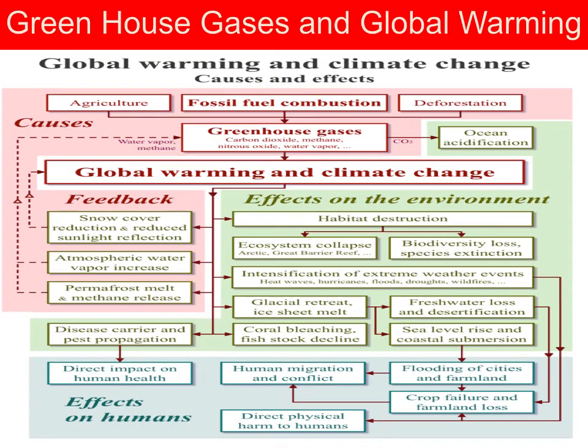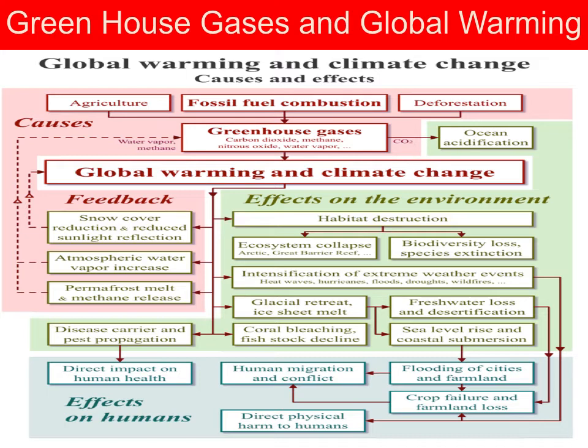So there are more details about these global warming effects. What are the causes? Agriculture activities, fossil fuel combustion, deforestation, all these things can contribute. And then what does it lead to? It leads to ocean acidification.